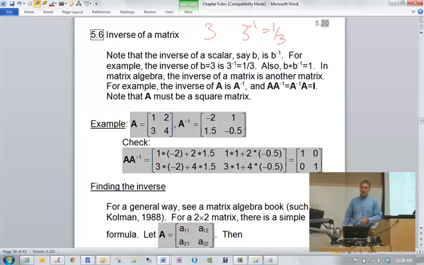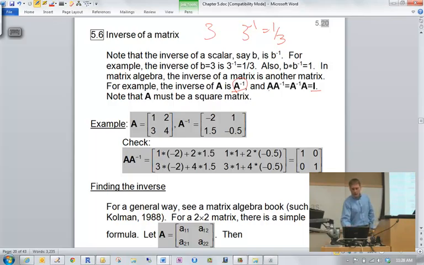Well, we can do the same thing with matrices. So the inverse of a matrix A is simply denoted by A with a superscript -1. So if I take A times the inverse of A, guess what I get? The identity. And in fact, if you took the inverse of A times A, you also will get the identity.